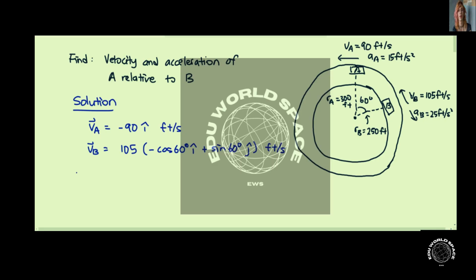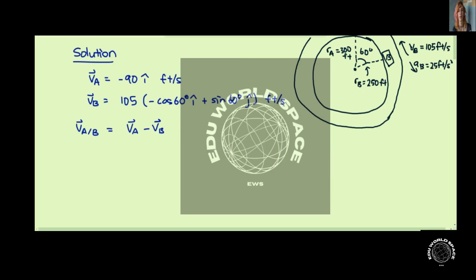The velocity of A relative to B is defined to be the velocity of A minus the velocity of B. So you put the components together, then you calculate the values of each component.